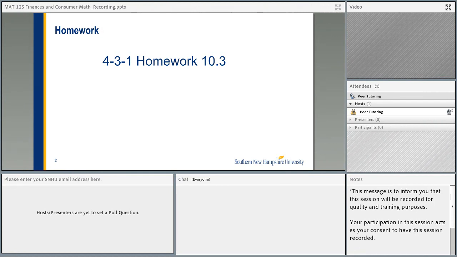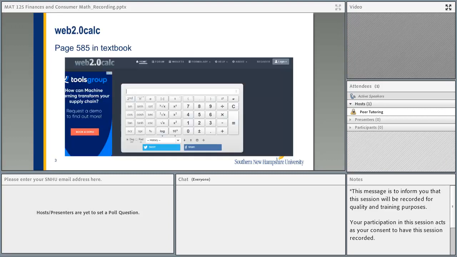Today we're going to look at homework from 431, homework number 10.3. Before we begin, if you have never seen this calculator before, it's a great tool you can use for these types of financial calculations.